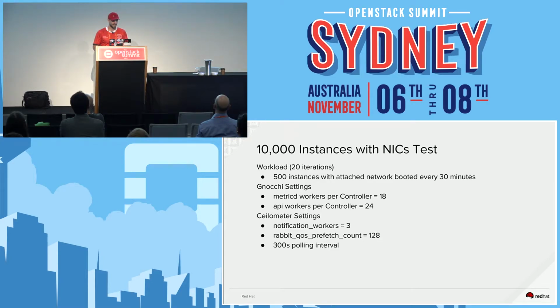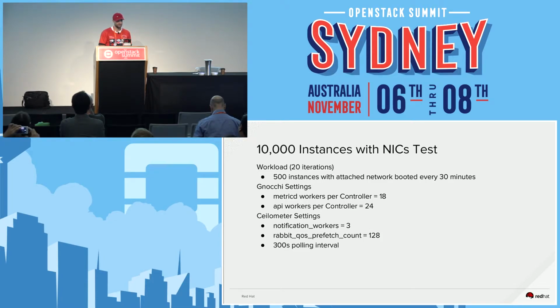On the Ceilometer side, I actually bumped the notification workers and also tuned the rabbit prefetch. One of the reasons you want to do that is you don't want Ceilometer to grab the entire chunk of messages out of the message bus and shoot through the roof in your memory and basically cause your cluster to fall over if you're at a high enough scalability.